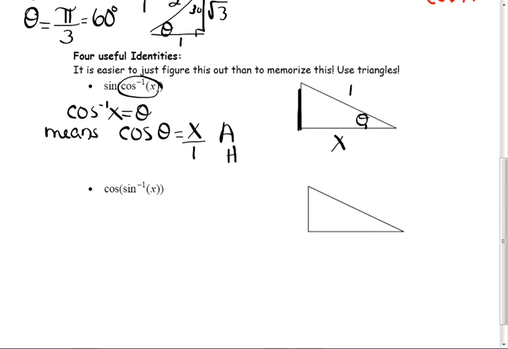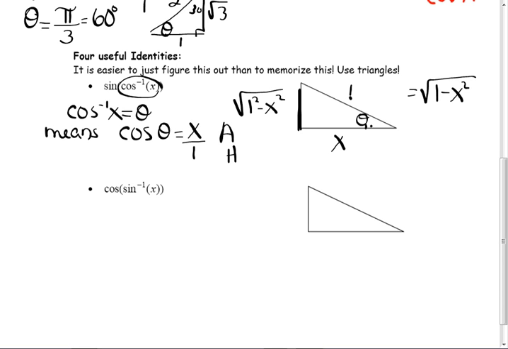It's Pythagorean's theorem. It's the square root of hypotenuse squared minus length squared. So it's 1 squared minus x squared. So what is the sine of my angle then? The sine of this angle is opposite over hypotenuse. So it's equal to square root of 1 minus x squared.